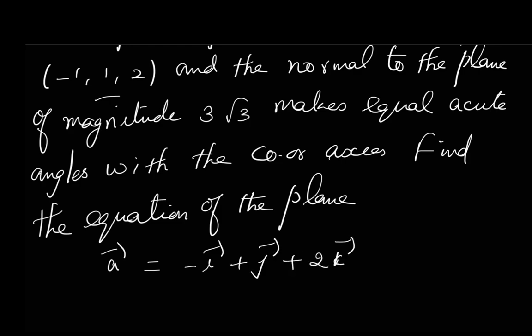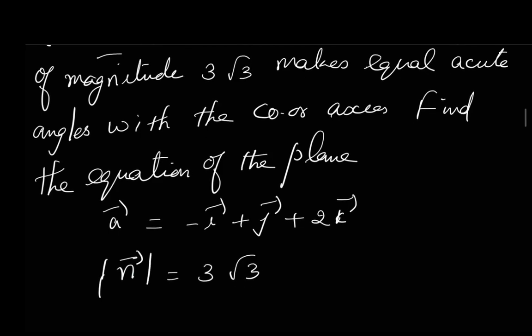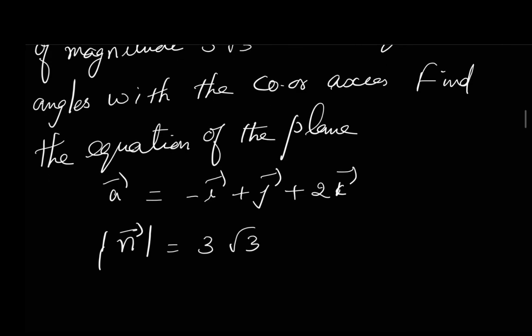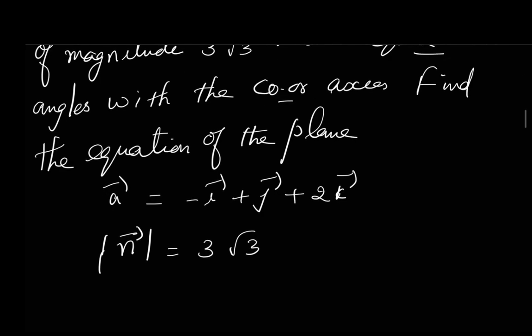See, the normal to the plane, usually the normal vector we represent as vector n, whose magnitude is given as 3 root 3. And also it makes equal angles with the coordinate axes.